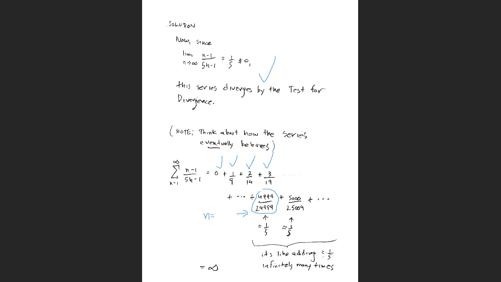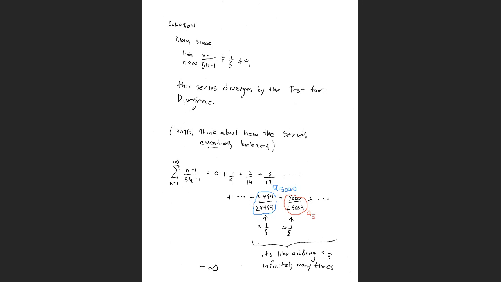This term here is A sub what? That's right, good, A sub 5,000. And the next term in the series would be A sub 5001.